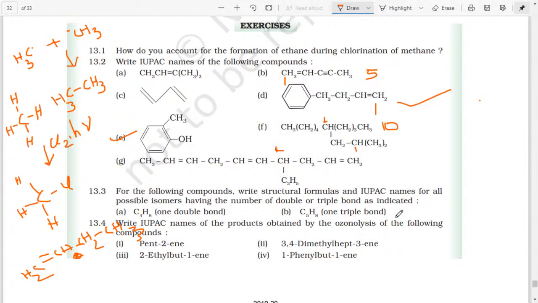And when it comes to one triple bond compounds, you can write pent-1-yne, pent-2-yne and 3-methylbut-1-yne. So let us write CH, triple bond. These are all very, very important, students, for your board exams. C single bond CH2 and CH2, CH3.